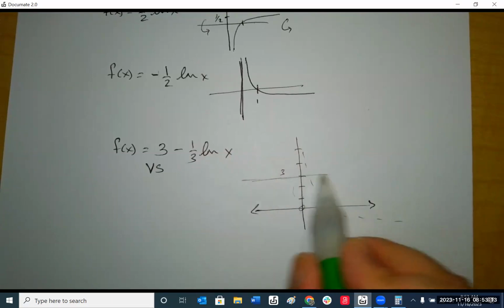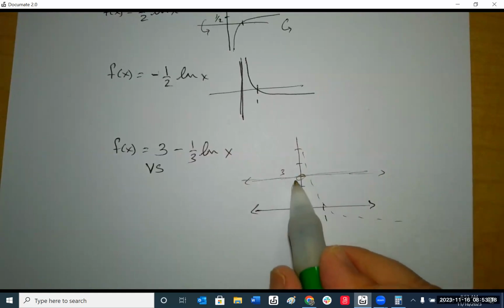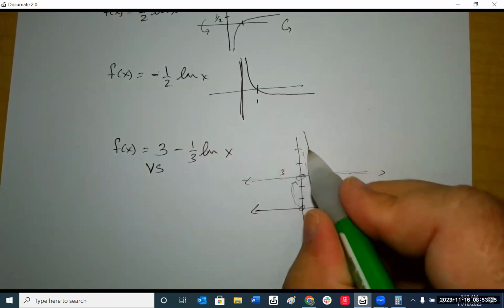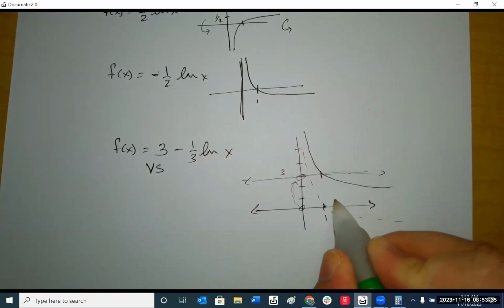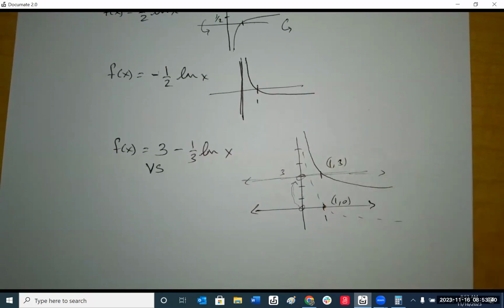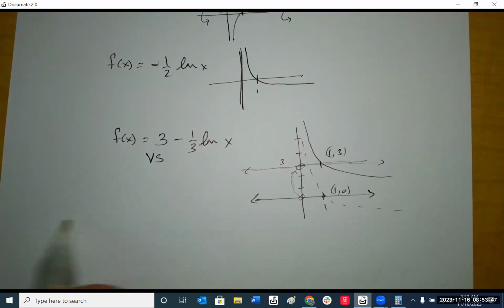So now my origin is shifted to this one. So the whole graph moves up. So instead of crossing at (1, 0), it now crosses at (1, 3). Again, it's the same thing we did in chapter 2 for transformations.